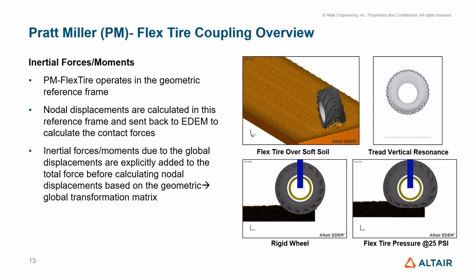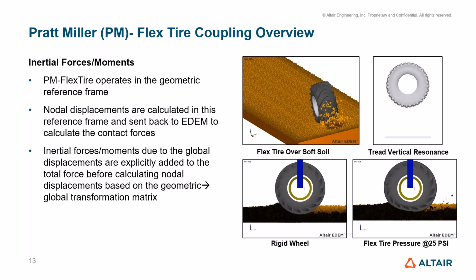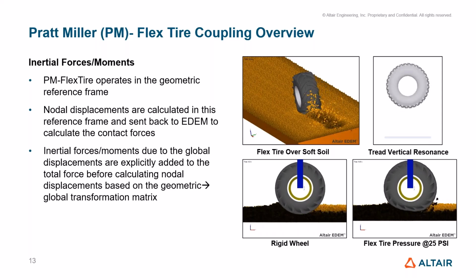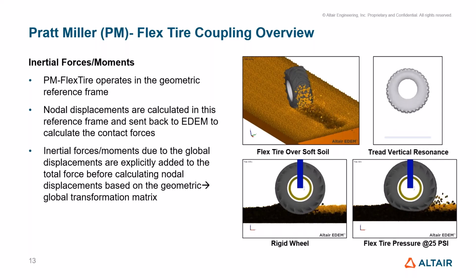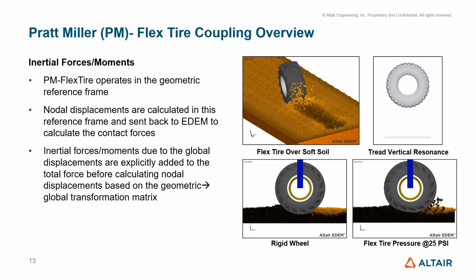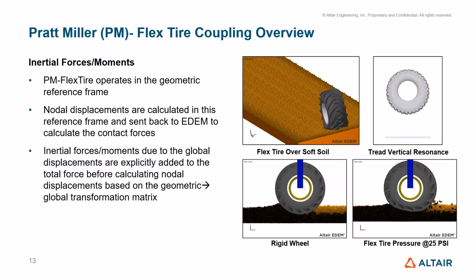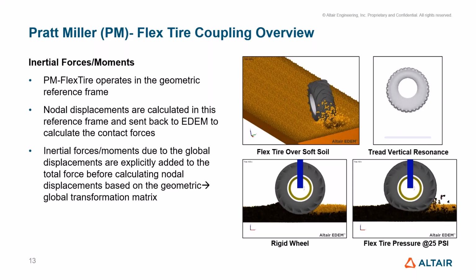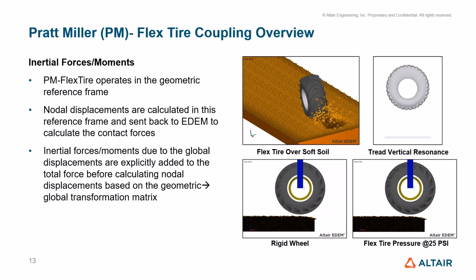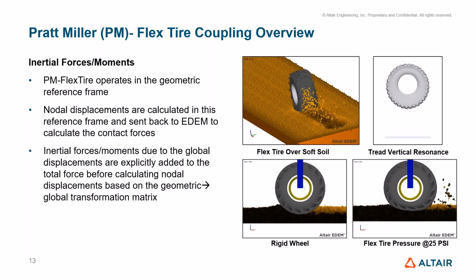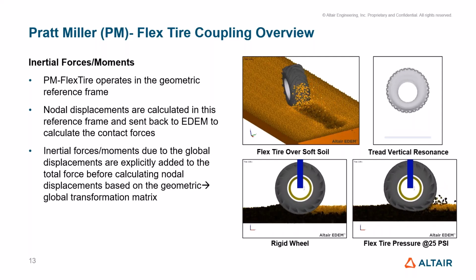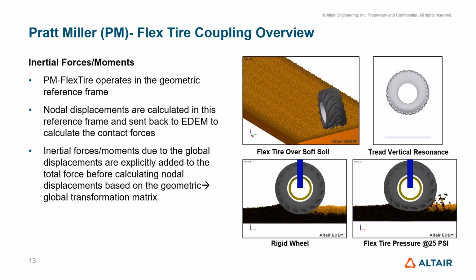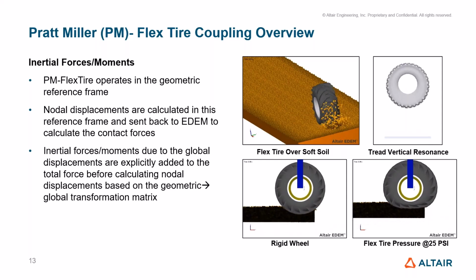For the data exchange from FlexTire to EDEM when the soil comes into action, the nodal displacements are calculated with respect to the reference frames and shared back to EDEM to calculate the contact forces. At the same time, initial forces or moments with respect to the global coordinates are explicitly added to the total forces before calculating the nodal displacements based on the geometric transformation matrix.